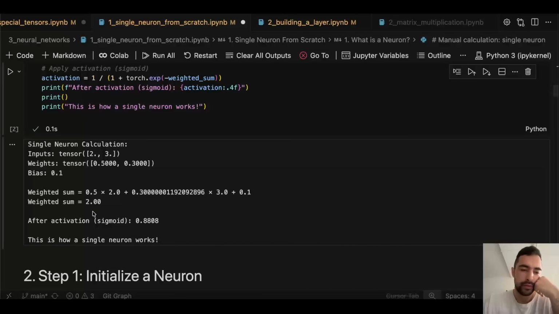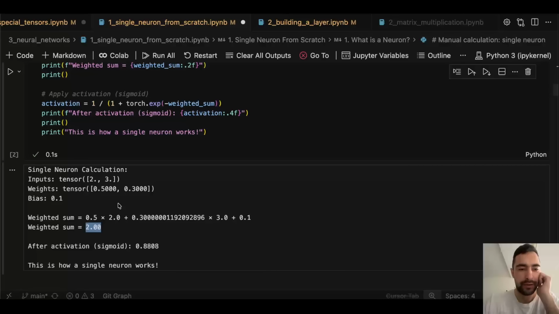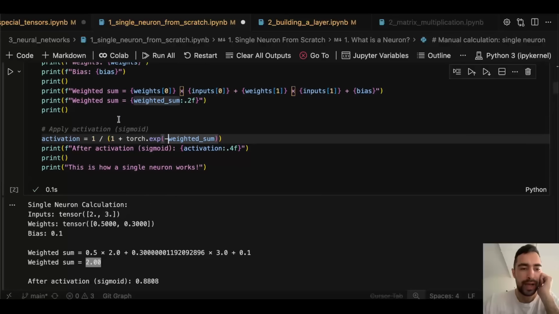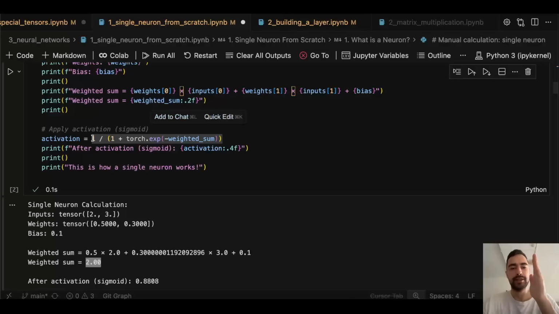And because this is going to be some linear function, if we want to make it maybe curved, we need to pass this through some activation function, for example sigmoid. Now when we pass this weighted sum through some function like sigmoid, it looks kind of weird, but let's just imagine that sigmoid is going to make this function curved.